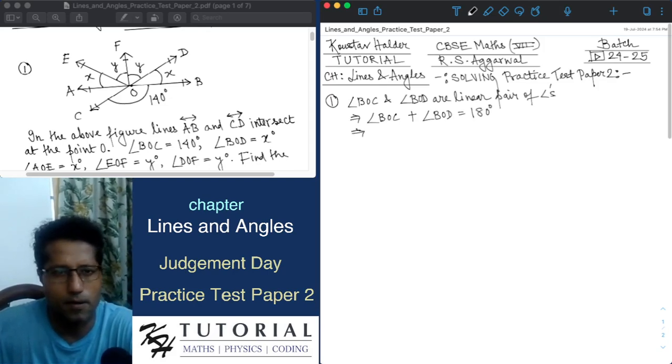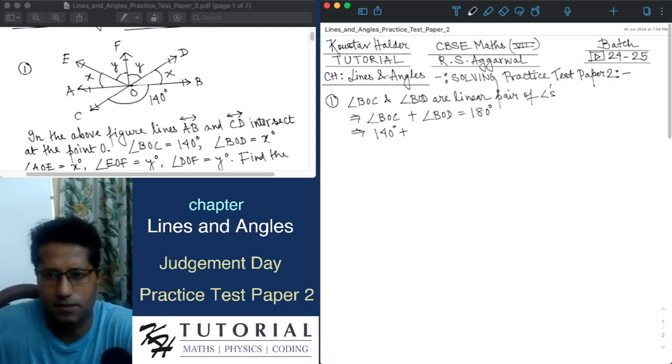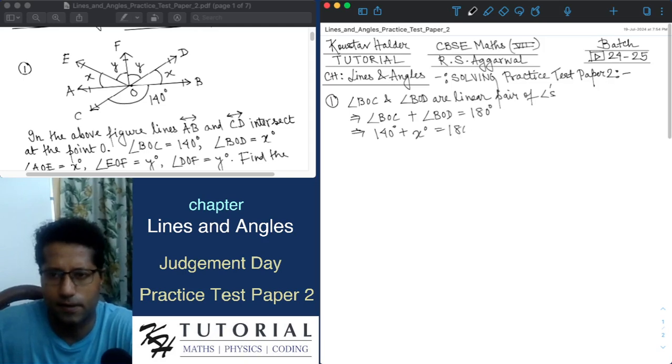Now angle BOC is given to be 140 degree. So we have 140 degree plus angle BOD. Now angle BOD is being referred to as x. So we have 140 degree plus x degree equals 180 degree.